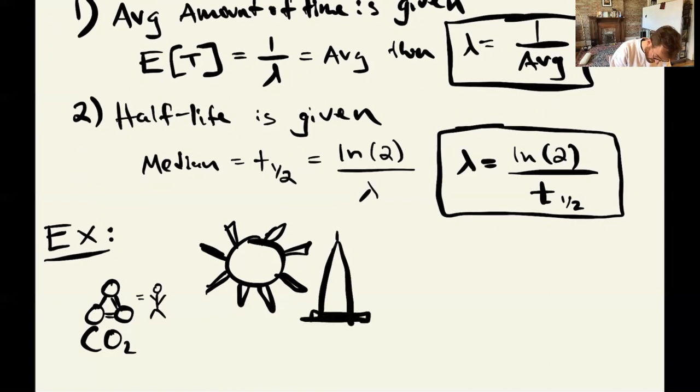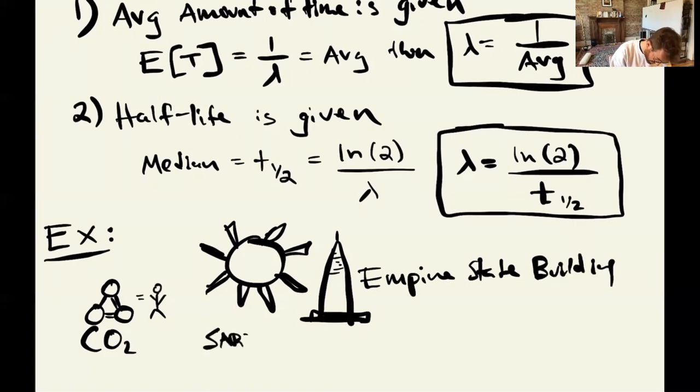Sorry, this is a really bad Empire State Building. This is our SARS-CoV-2. So basically the relative scale of a single carbon dioxide molecule to a coronavirus is like me standing next to the Empire State Building. It's actually between the Empire State Building and the actual tallest building in the world, which is the Burj Khalifa.